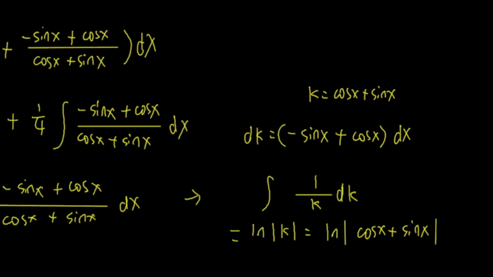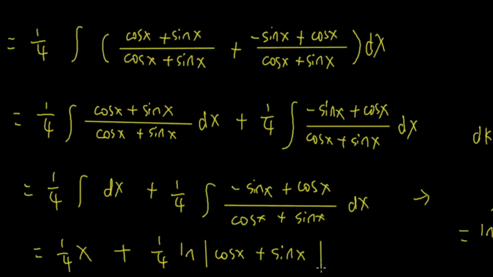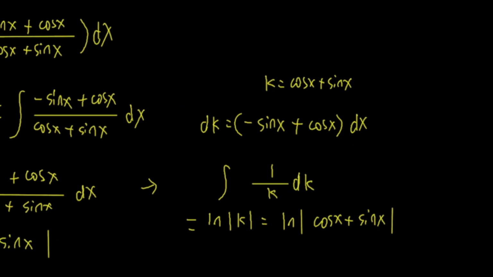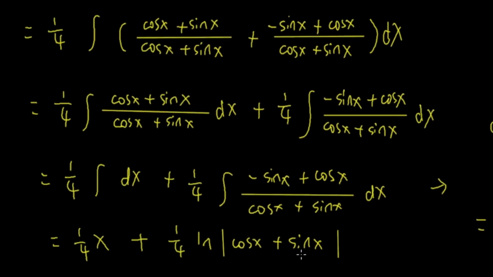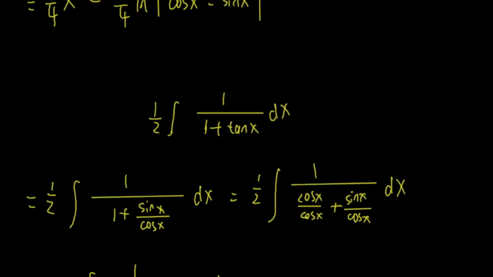Okay, now this integral will become 1 over 4 x plus 1 over 4 ln of cosine x plus sine x. This one here. Okay, so that is the integral of this one here.